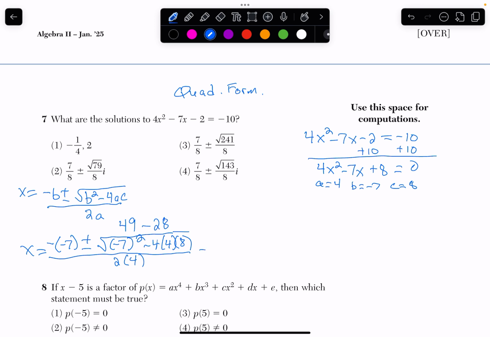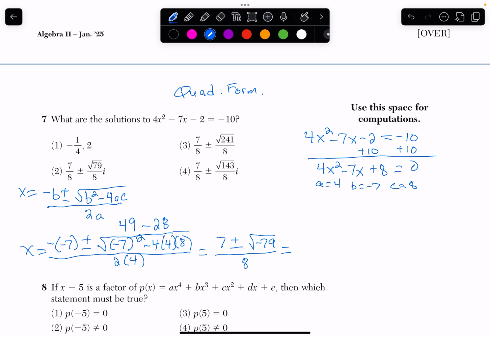And then I'm going to clean it all up. A negative, negative 7 is positive 7. 49 minus 28 is the square root of negative 79 over 8. Now, 79 does not have a perfect square that goes into it.